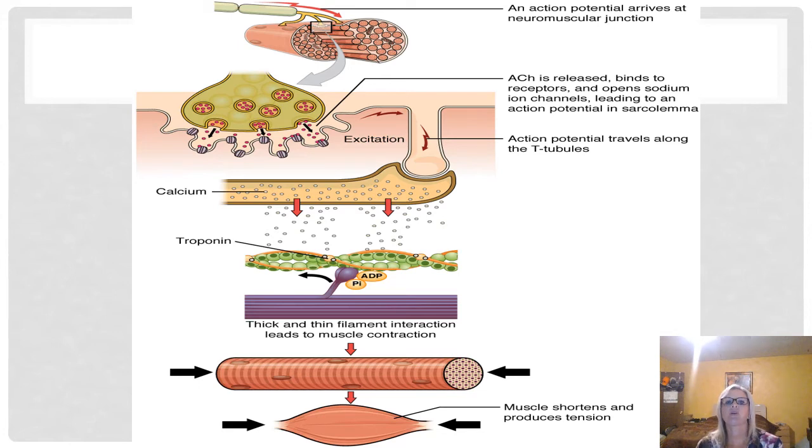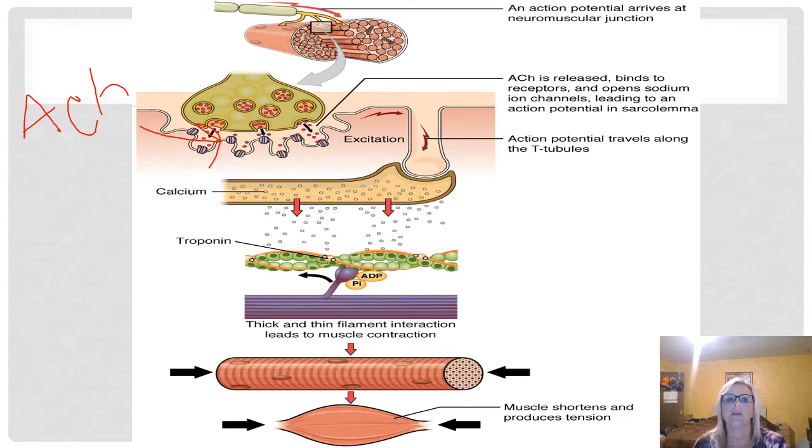So muscle fiber contraction. First thing that happens is excitation. That is where that action potential is triggered. It causes the acetylcholine, which is the neurotransmitter, to be released into the synaptic cleft at the end of the neuron. That's the synaptic knob, is what we call that.